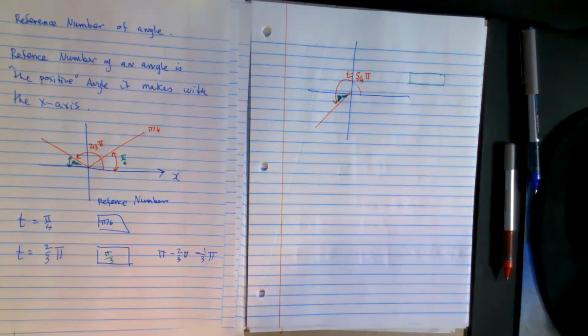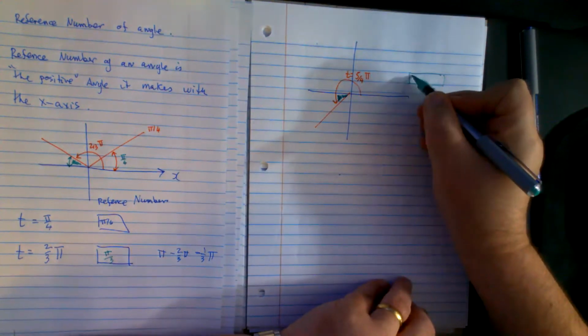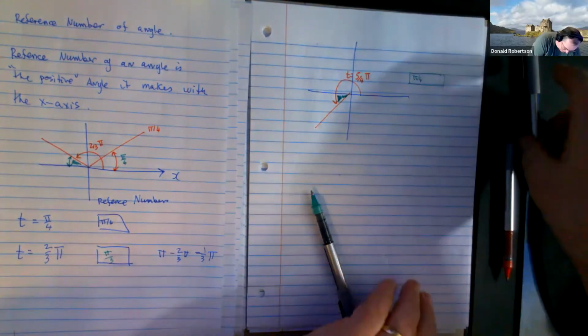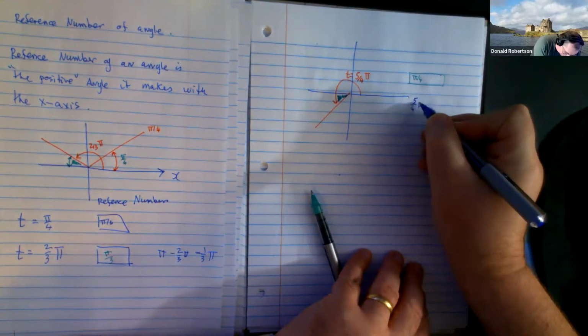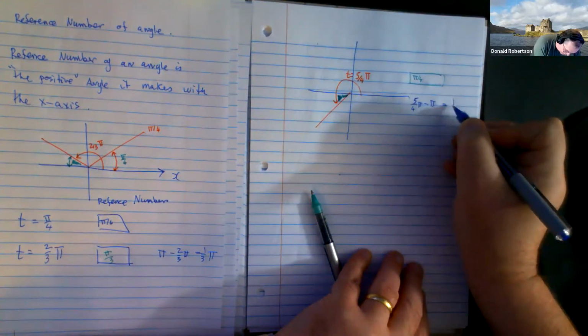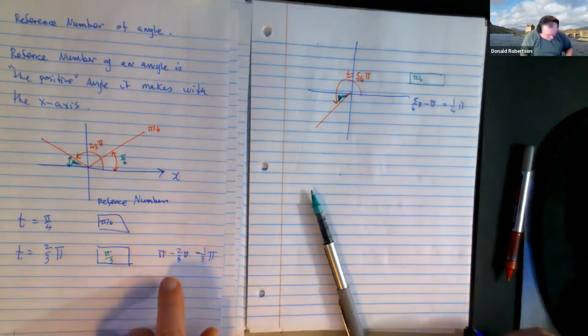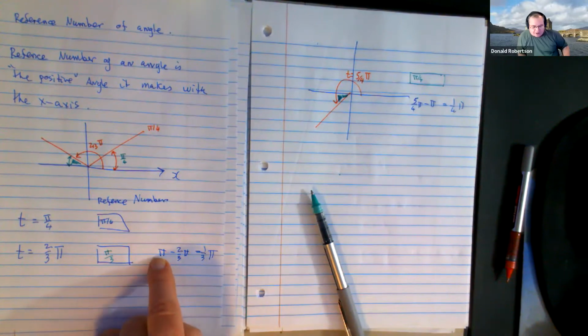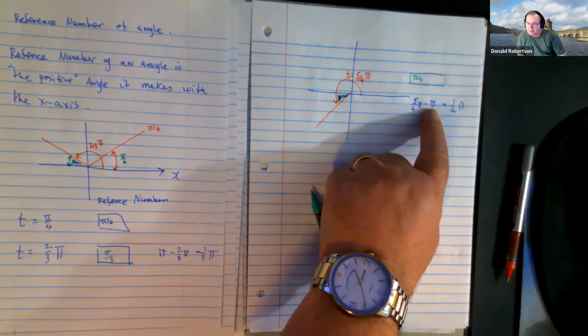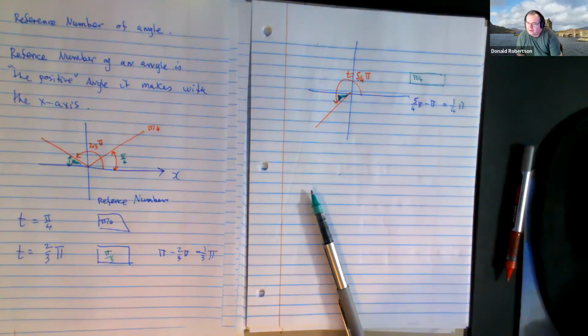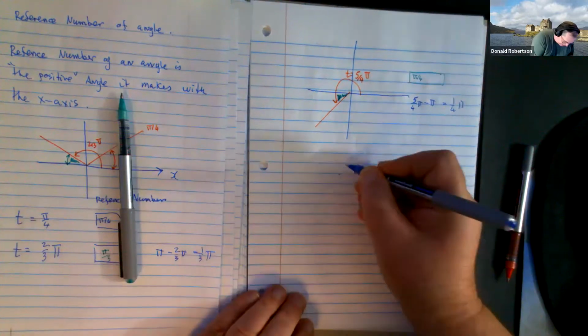Pi over 4. Now, what calculation would get you that? Don't you take 5/4 pi and subtract pi to get 1/4 pi? Do you see in the previous question it was pi take away the angle, but in this question, isn't it the angle take away pi? So far, so good.